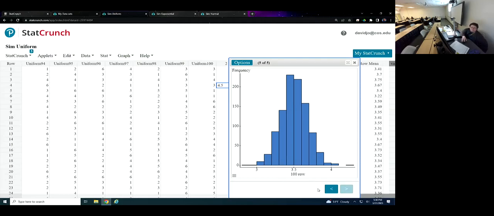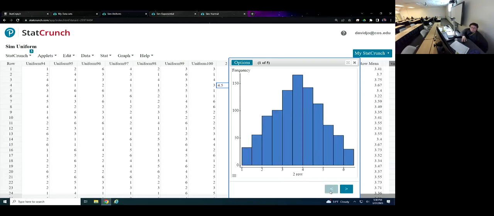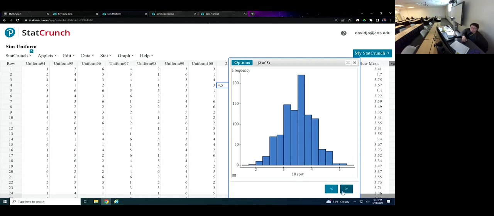You'll notice if you look at the values along the bottom, when I had just 2, I had values from 1 to 6. All the values are here. Now it doesn't show the 1s or the 6s anymore, right? This is because we're dividing by the square root of n. So the standard deviation goes down and the bell shape narrows.